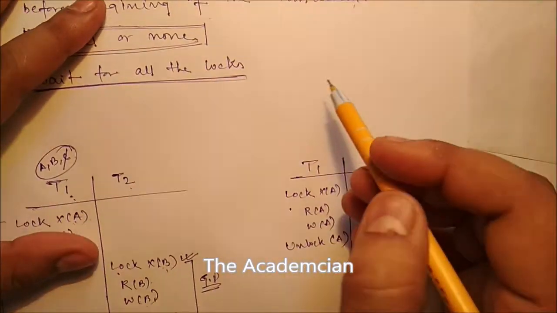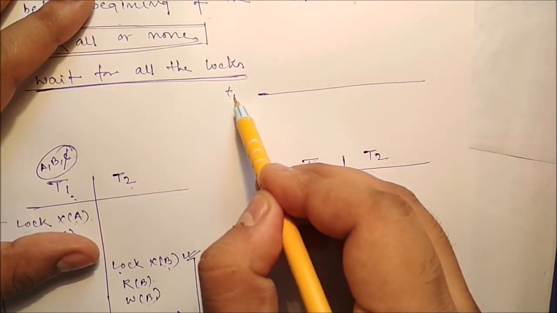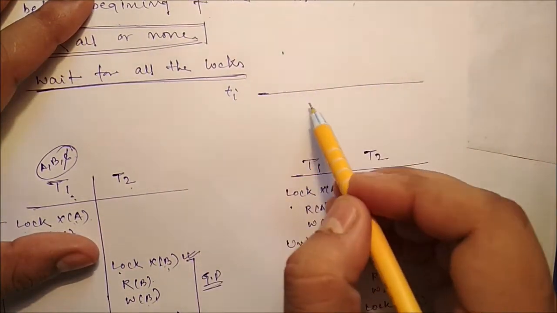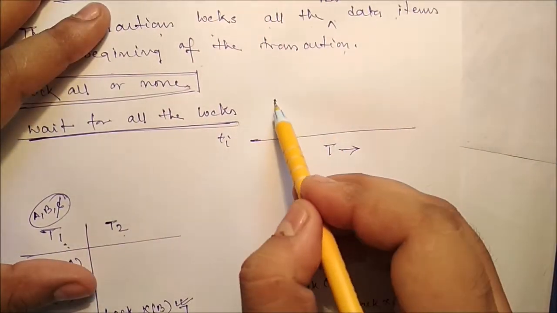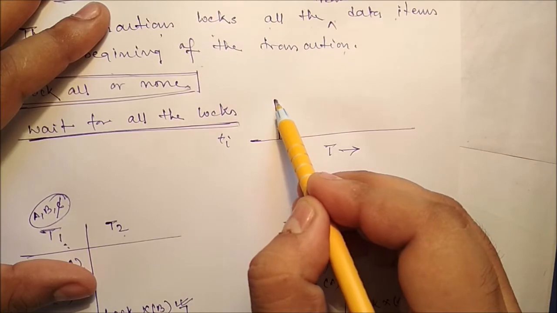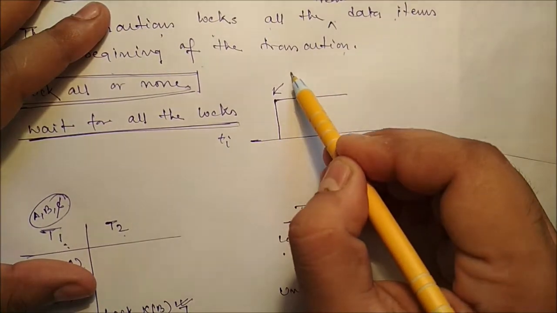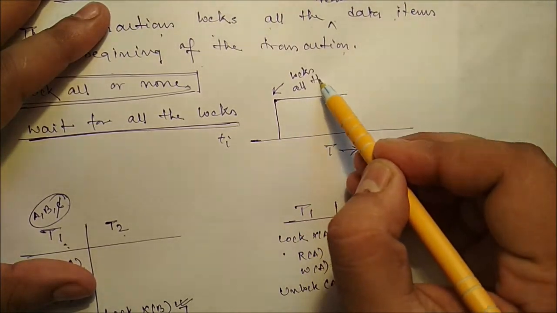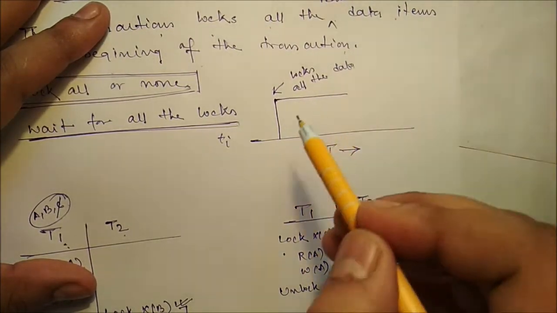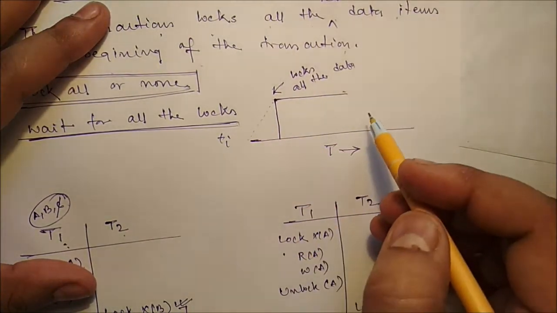Okay, makes sense? Already you know, say the transaction Ti is there, and time flows in this direction. At the initial point only, it locks all the data, then it starts execution, which is not like the growing phase.